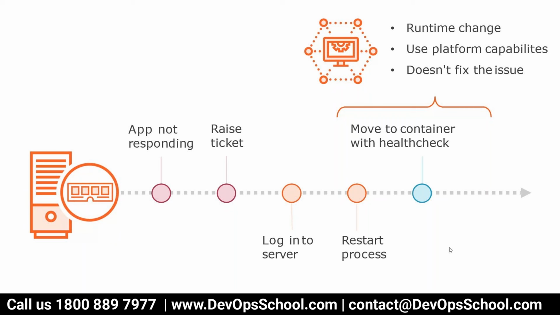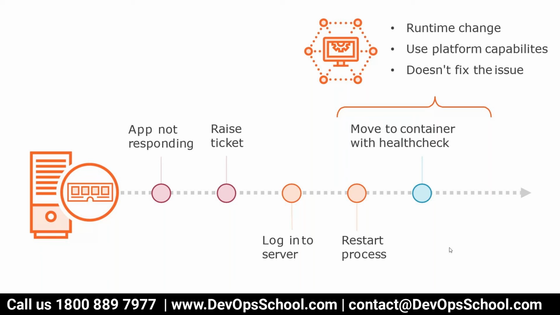That you did. But if you want to become SRE, you need to work with the development team, saying, hey, this kind of issue keeps coming and creating technical debt for us. We cannot manage it well because we are not able to focus on the strategic work. What do we do? Can we move into containers with health check enabled? Why?